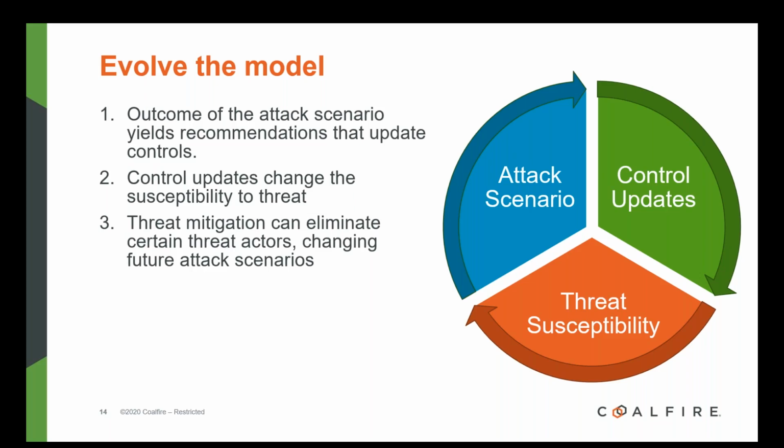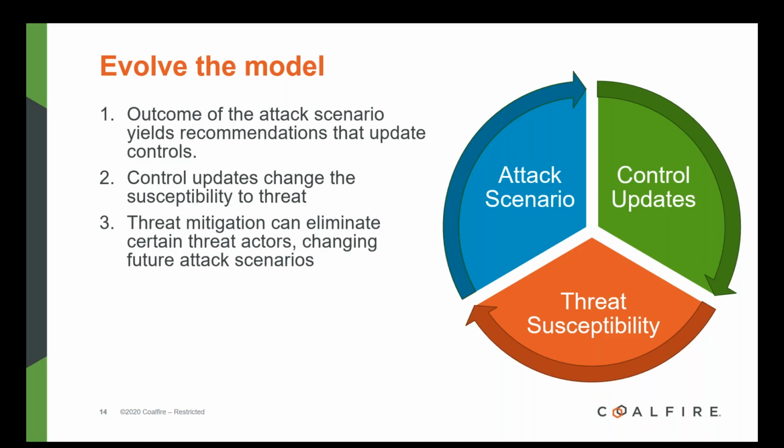Perhaps there was APT32, some well-known threat actor group that had particular techniques that exploited something that was previously seemingly unprotected. But it turns out that that type of activity would be detected. It would eliminate APT32 as being one of those threat actors that you'd have to focus on protecting against, or invest to protect against, because you already have that existing investment to identify and mitigate that threat.